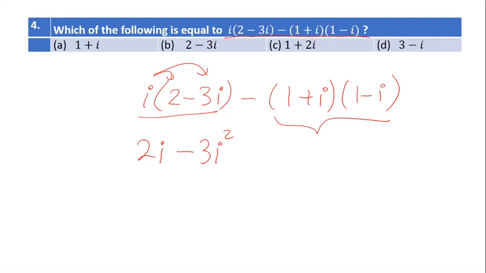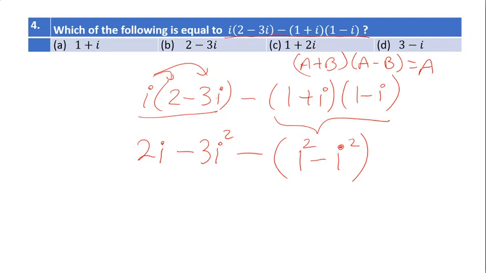And for this one, I can use the special product rule, 1 squared minus i squared. Again, I'm telling you, this is the (a + b) times (a - b) type, so it's equal to a squared minus b squared. If you have minus here, please don't forget the parentheses. The parentheses are very important.